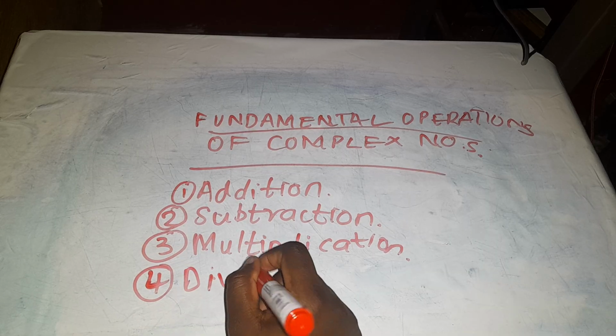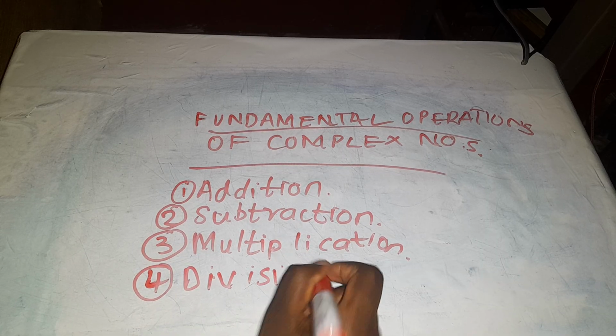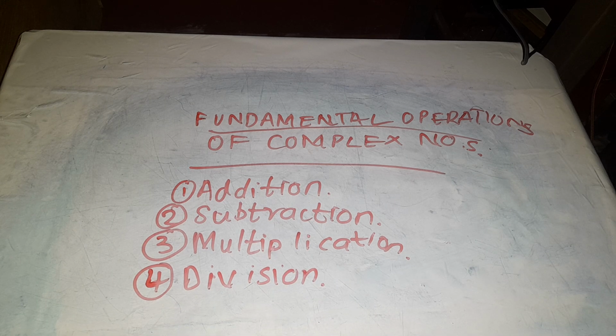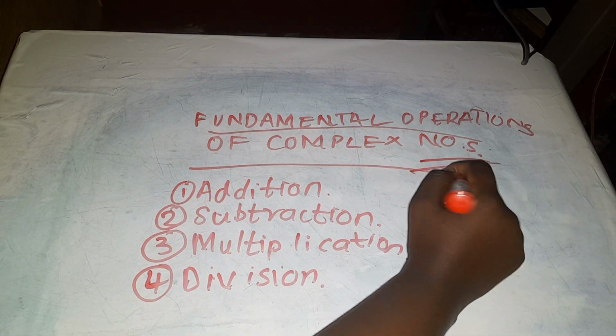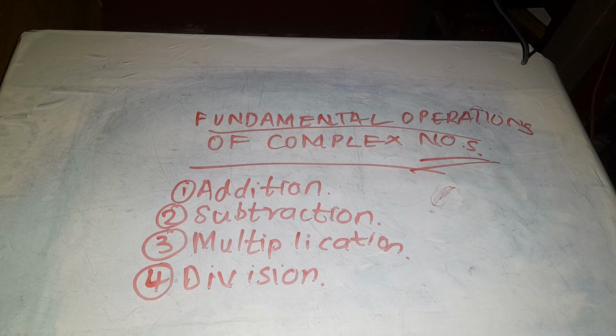So it is the basic arithmetic operations that we usually deal with in mathematics. Only it will involve something we call complex numbers, something with i. So that is the only difference.